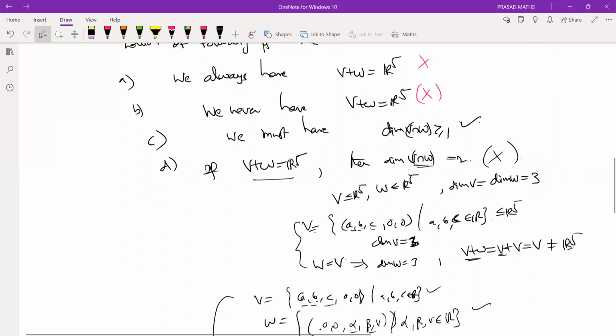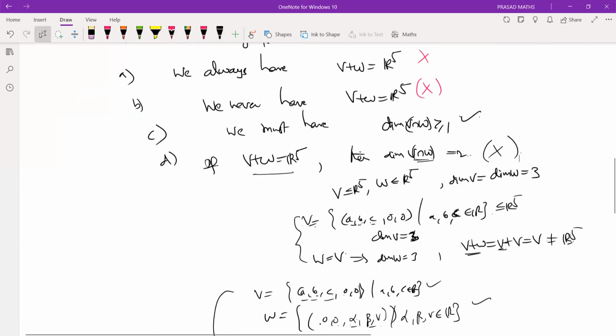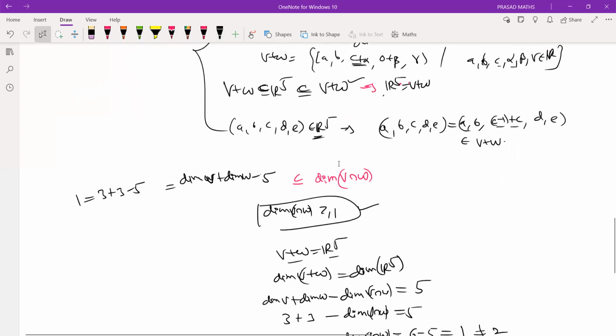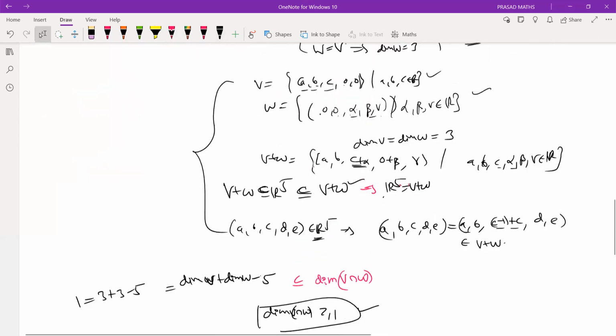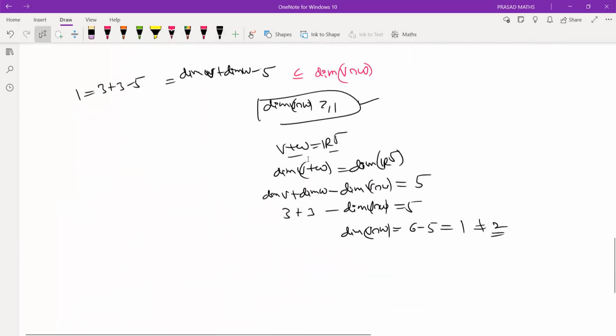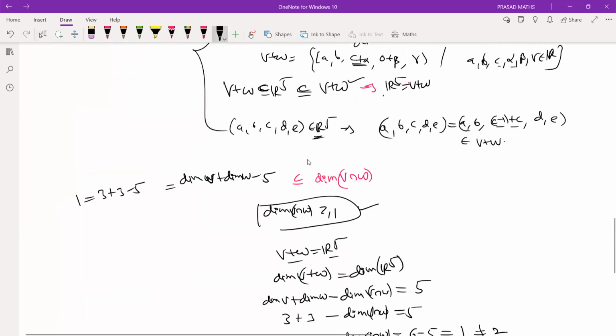Is it clear? So the dimension of V intersection W, what is the lower bound for that formula? This is a formula you need to keep in mind. The lower bound is the dimension of V plus the dimension of W minus the dimension of the vector space R5.